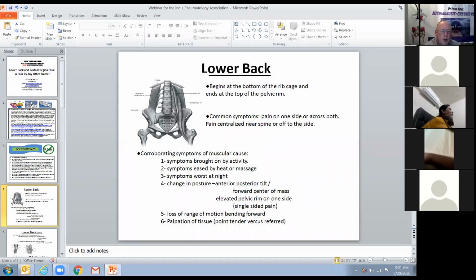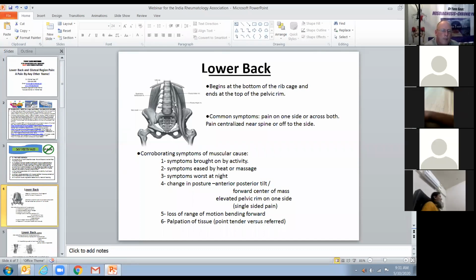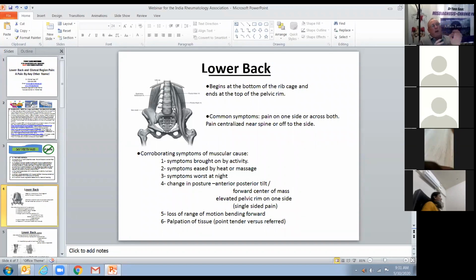Now, if you look real close here, you're going to see that you have this massive band of muscle. This is the psoas major, and it attaches to all 5 lumbar spine. So the person is telling you that they have centralized pain, and they're kind of swiping, so they might not be so accurate.